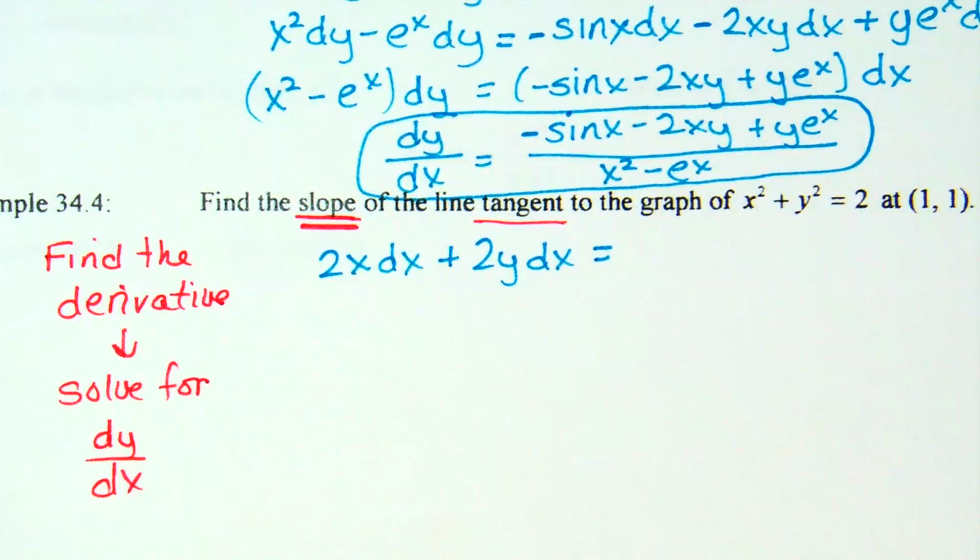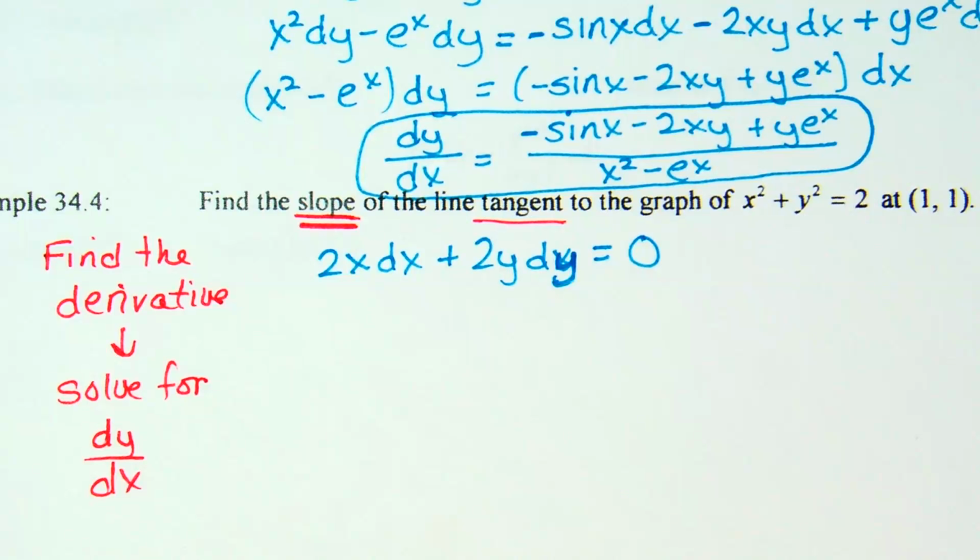I told you it's easier than the last one, even though we're changing up what we're doing. We need to solve for dy/dx. I had written the wrong thing there. Okay, so 2x dx plus 2y dy equals 0.